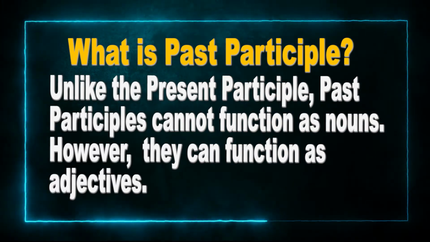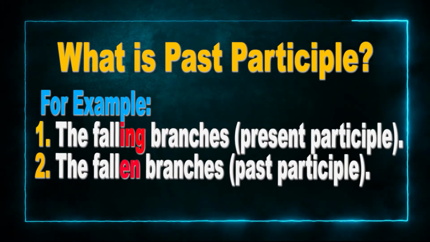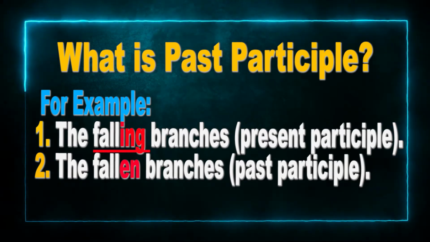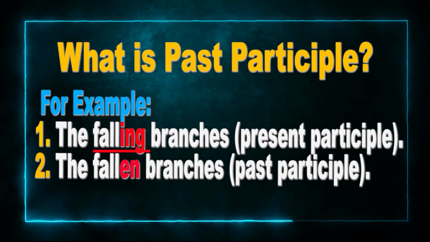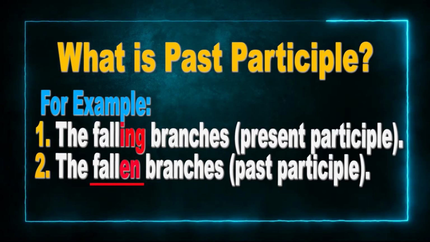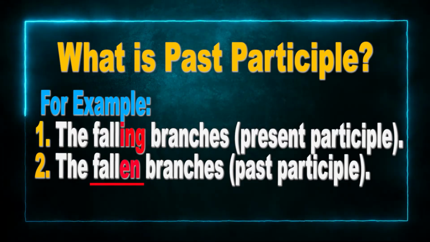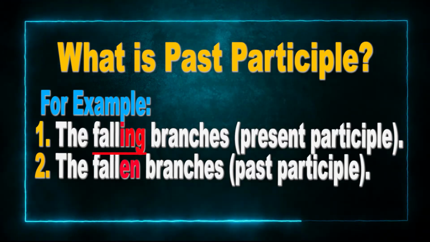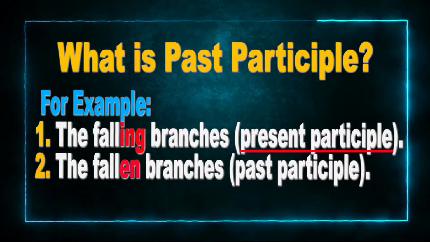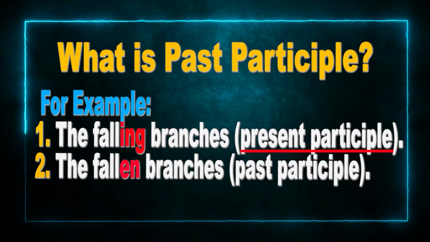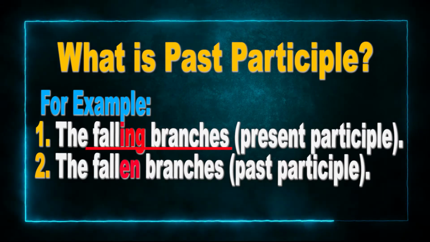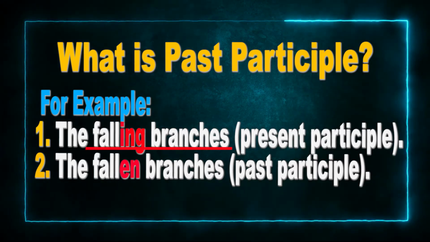Let's take a look at this example. We have the falling branches and we have the fallen branches. Now, once we see -ing, we know that it is present participle. There, falling branches can act as a noun.